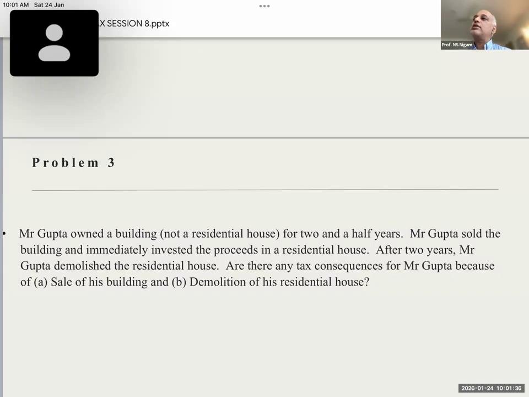Sometimes the intricacies of the law are what enable taxpayers to make certain arguments, right? So the taxpayer is making an argument about whether it's a transfer or not, not because he's interested in that particular capital gains event, because he knows that even if there's a transfer, Section 47, Clause 7 will apply and it will be exempted in an amalgamation. What he is worried about is a future event, when he receives the shares.